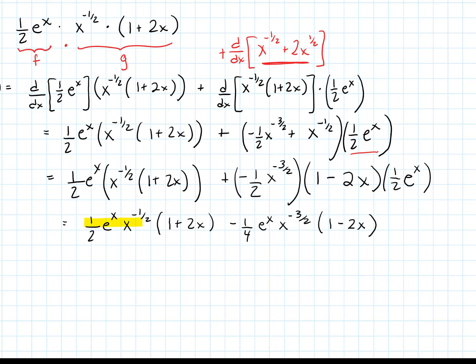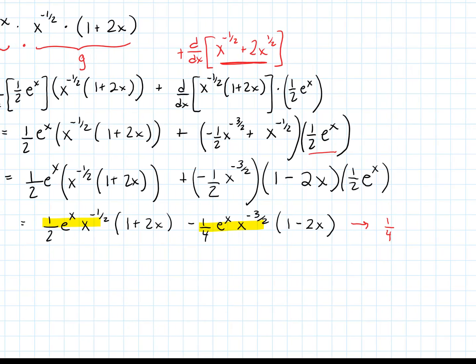Okay, now I want to pull out a common factor here. I look at these two and I think, you know what, algebraically, we can definitely make that better. So I am going to pull out a common factor of 1/4. Let's pull that fraction out. 1/4 e to the x, and let's take x to the -3/2. Let's pull all that to the front. That'll be my common factor.